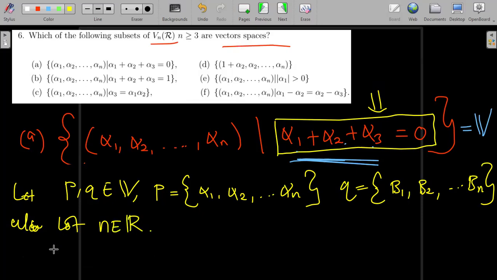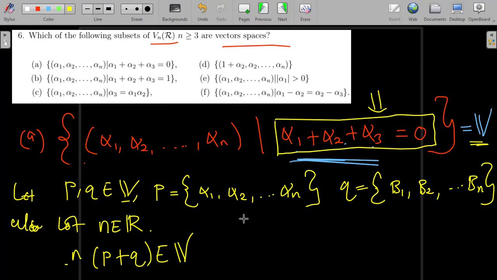Now we want to prove that if P and Q are members of this vector space and n is a member of the field R, then n multiplied by P plus Q will also be a member of V. This is what we want to prove.